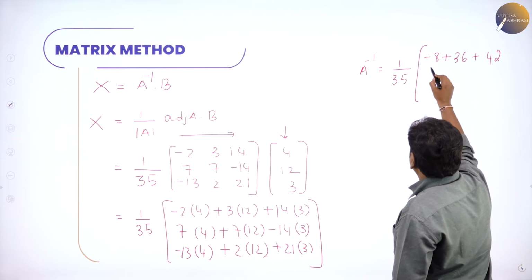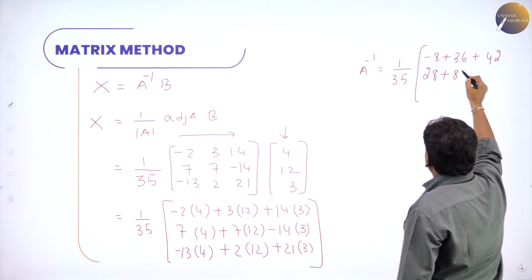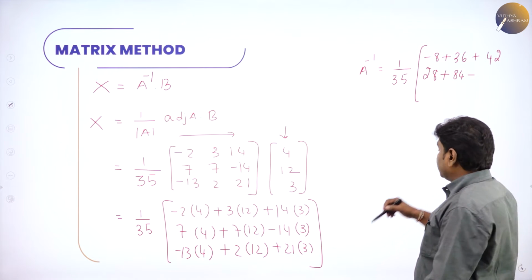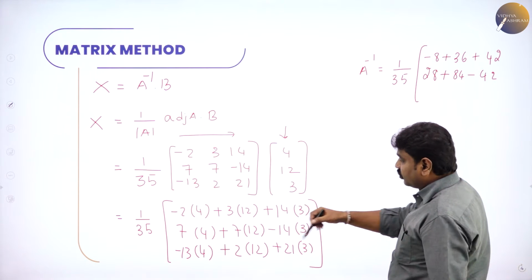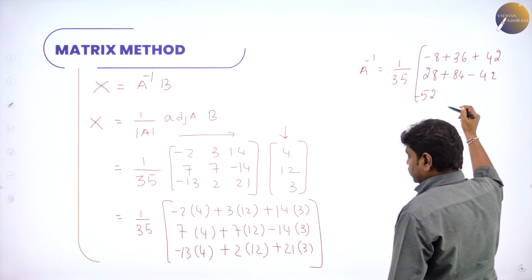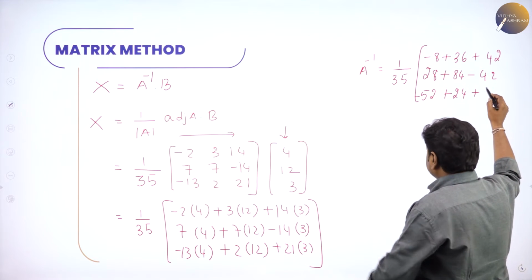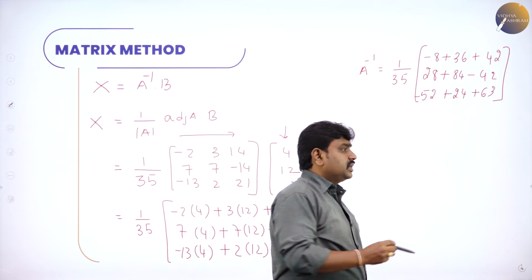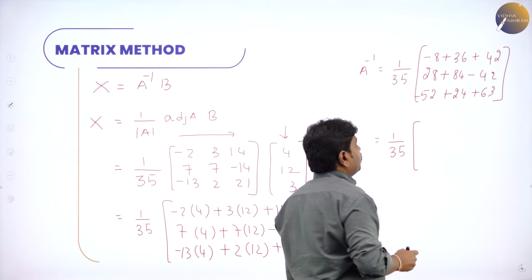Then 7 4s are 28 plus 12 7s are 84 minus 14 into 3, that is 42 again. Then minus 13 into 4, minus 52, plus 24 plus 21 into 3, 63. You can use calculators and don't make any errors so that your end answers are perfect.